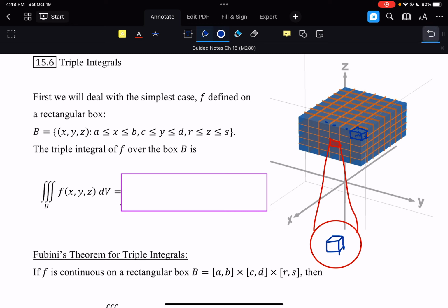So this length here is going to be delta x sub i. y is changing from here to here, so that side will be delta y sub j. And then z is changing between these two heights for this box, so that's delta z sub k. And this box in particular would be B sub ijk.